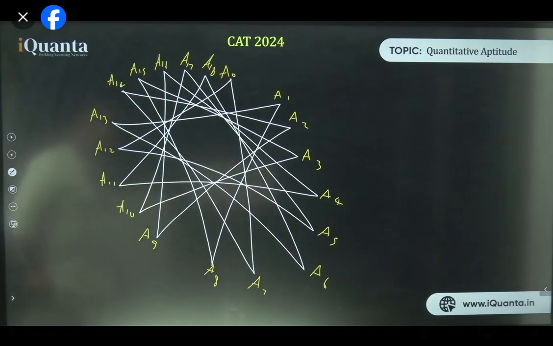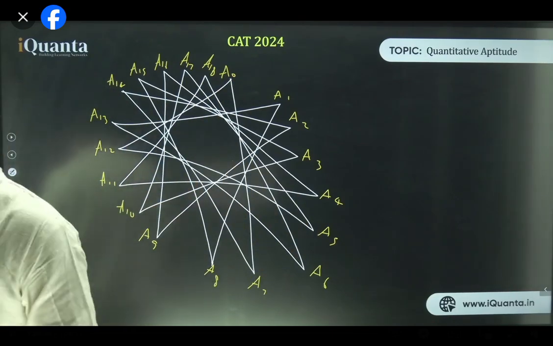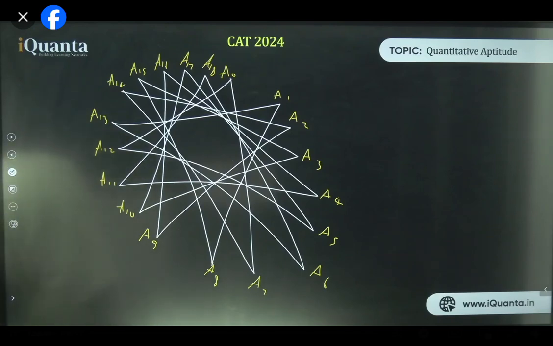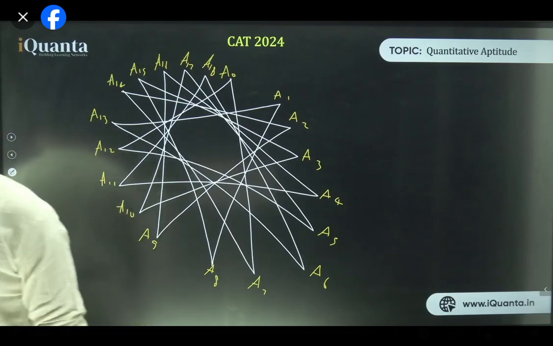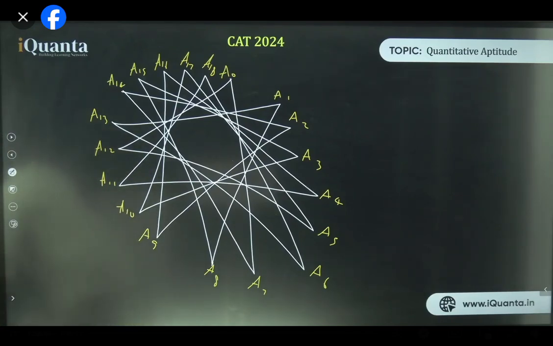Wow, without lifting my pen, I just made a star. That is how stars are made. Notice that without lifting my pen, I started with A0 and ended at A0. Didn't I?